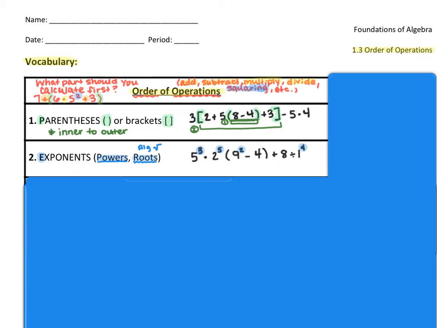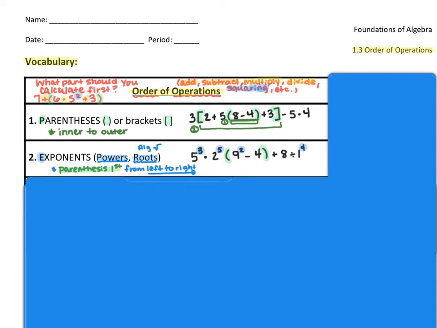Similar to our last example, what if we had an expression that had more than one exponent or power within it? Then the question would become, which one of these exponents would we have to evaluate first? Well, you would have to, of course, do parentheses first and then go from left to right to evaluate the exponents in this expression.